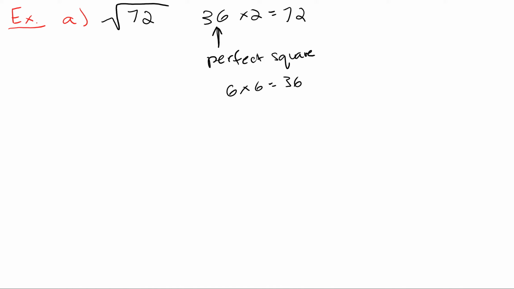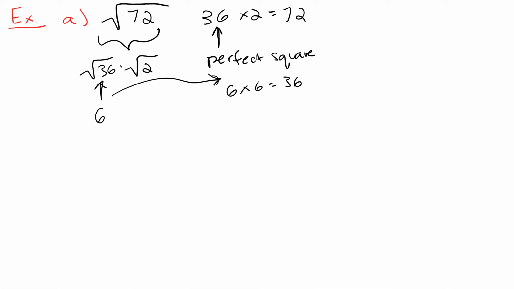So what we want to do is replace this root 72 with root 36 times root 2, because if we were to multiply these radicals, we would get root 72. So we're not changing the value here. And now we can evaluate that root 36 is just equal to 6, like we did over here.